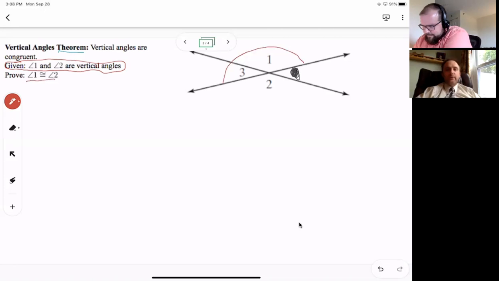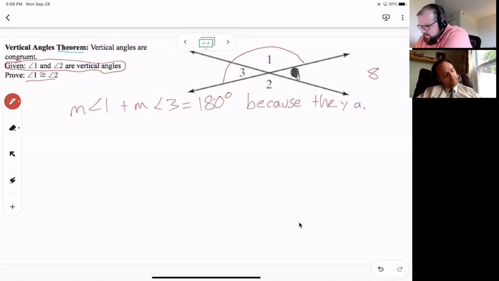Is supplementary the one that adds to 180? It is. I know that because an S can be made into an 8 like that. That's right. So I might say something like the measure of angle 1 plus the measure of angle 3 is equal to 180 degrees. And I might even just say that because they're a linear pair.